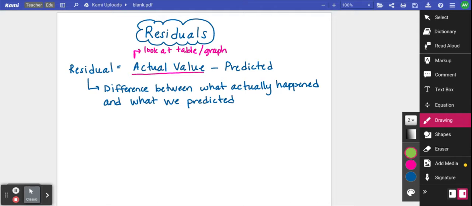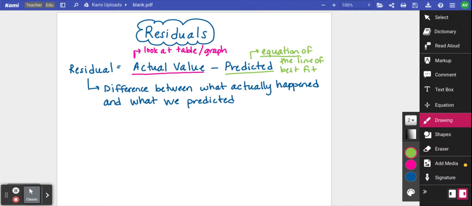We're looking at the table or we're looking at the points on the graph. Now, to find the predicted value of what we thought was going to happen, we're going to use the equation of the line of best fit. So you're actually going to take your number and plug it into the equation or use the numbers that were given on a graph for the equation of the line of best fit. And that is how we calculate a residual.